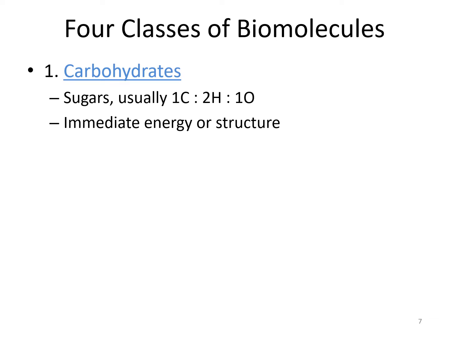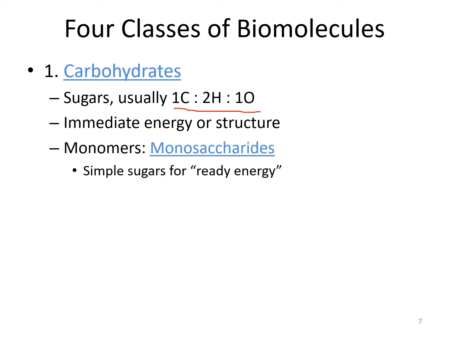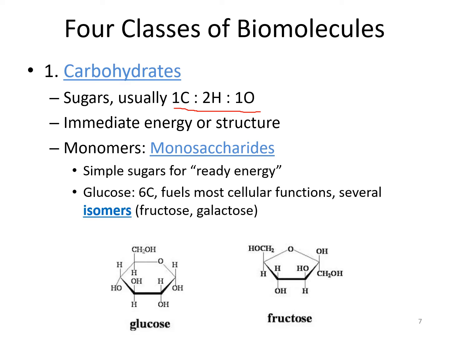Generally, these molecules have a chemical formula with this particular ratio of carbon to hydrogen to oxygen. Right? So, for example, a single monomer, in this case a monosaccharide, mono, 1, saccharide, sugar, a single monomer of glucose, for example. So this is an example of a single monomer of carbohydrates.